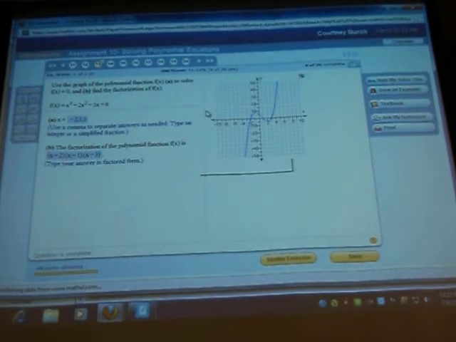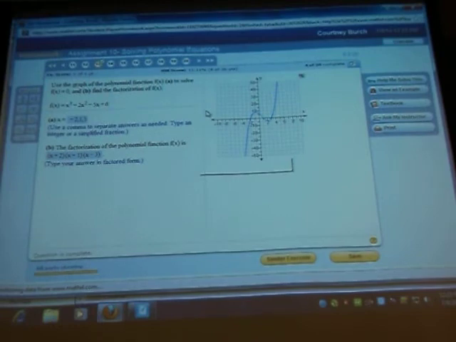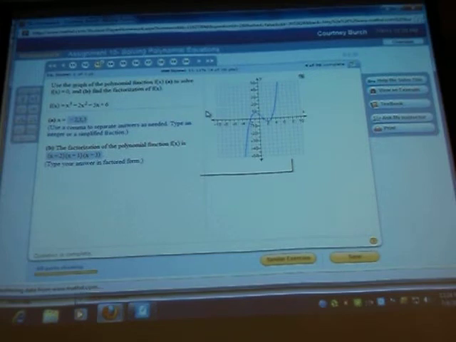You have to include the leading coefficient when you do that, so it's a negative, right? You just want to put x squared. I need to redo this one. It'd be x plus 1 squared. The x plus 1 factor is repeated.